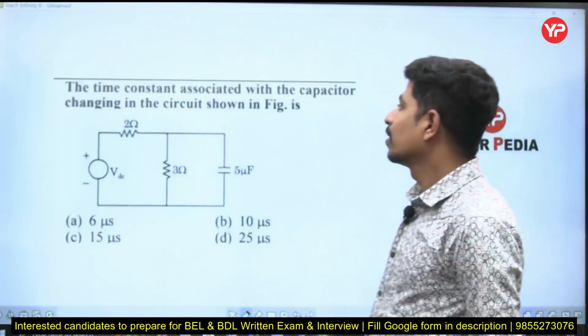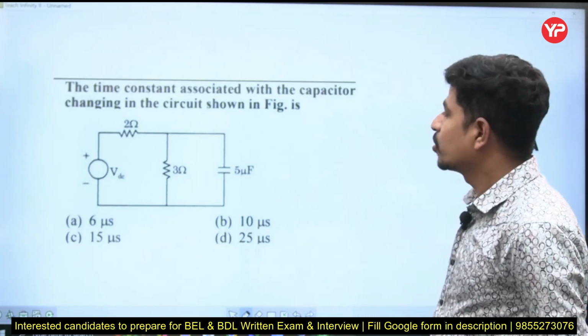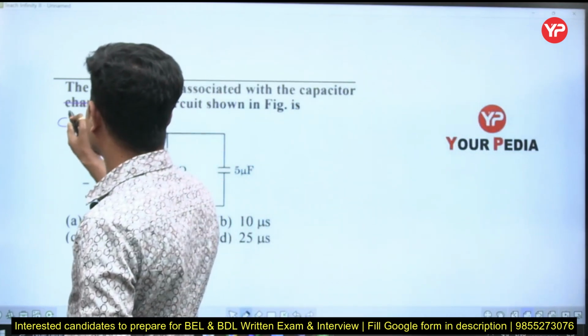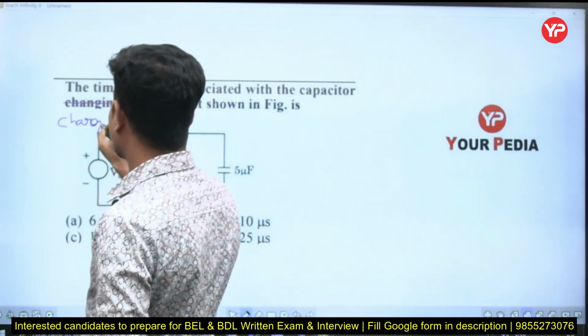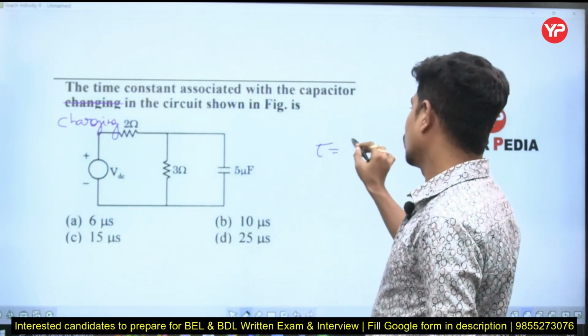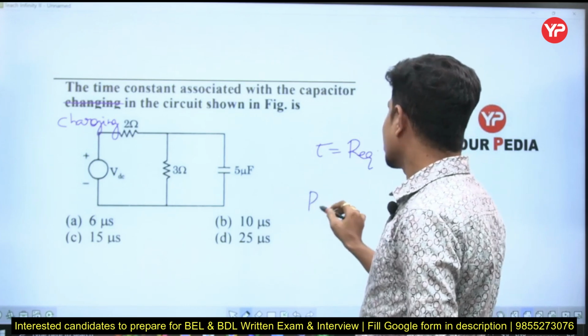Next question. The time constant associated with the capacitor charging in the circuit. It is not changing; in fact, it should be charging. The capacitor will get charged. It's not a variable capacitor. Tau is equal to R equivalent into C equivalent. What is R equivalent?